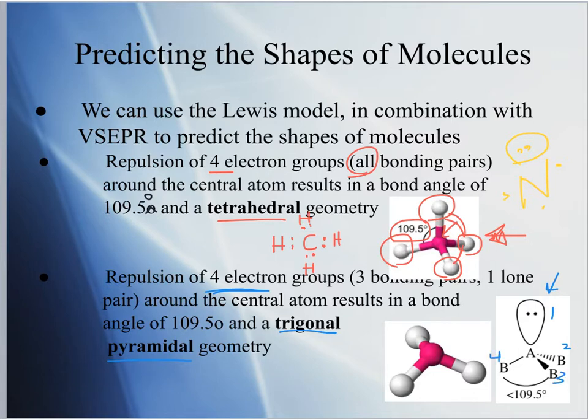So we still have 4 sides around the A atom in the middle that have electrons, but we can see that one of them is a lone pair. Okay, so this one right here is the lone pair, and then we've got 3 atoms that are bonding to it.